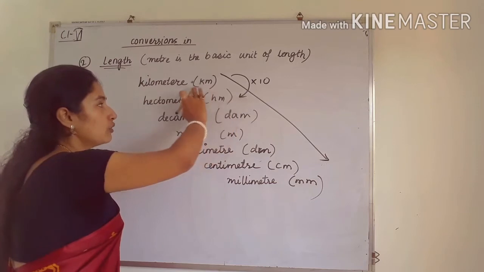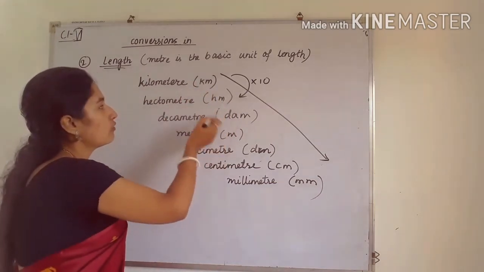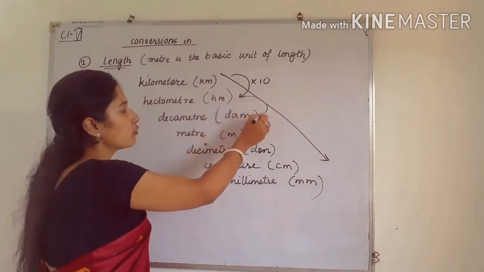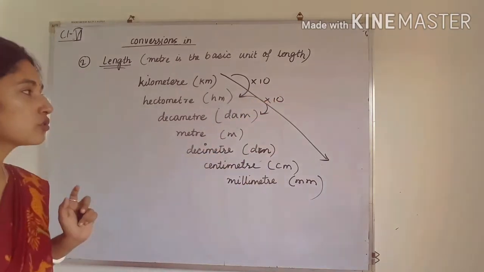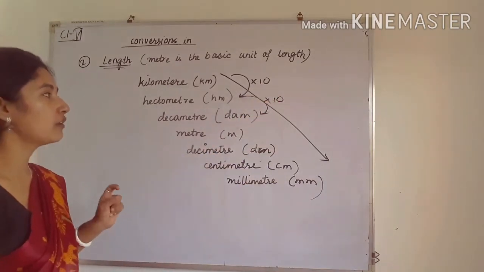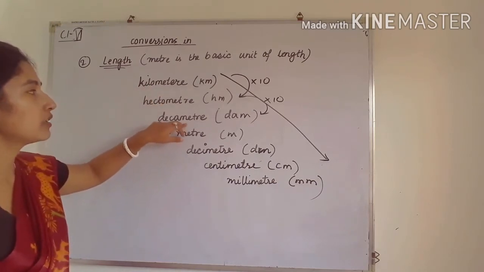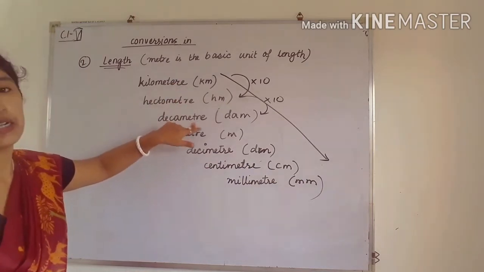Similarly, if I want to convert from kilometer to decameter, then I have to multiply again with 10. So 10 into 10 will be what? 100. So I have to multiply with 100. So if 2 kilometer is given and I have to convert into decameter, then I have to multiply it with 100. So 2 into 100 will be 200 decameter.